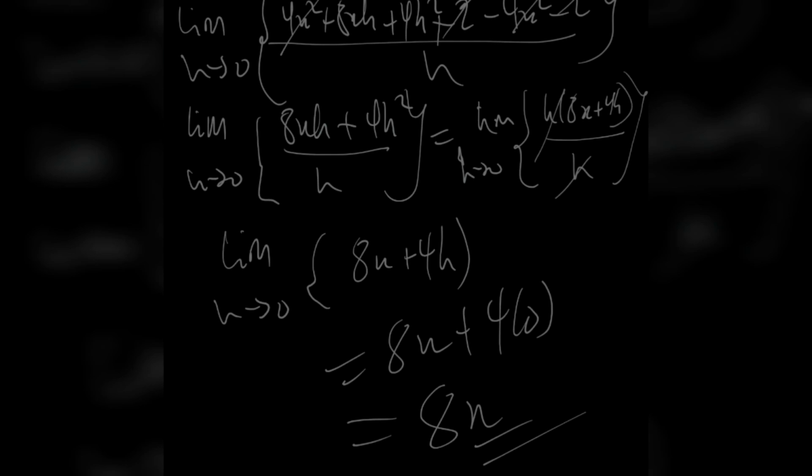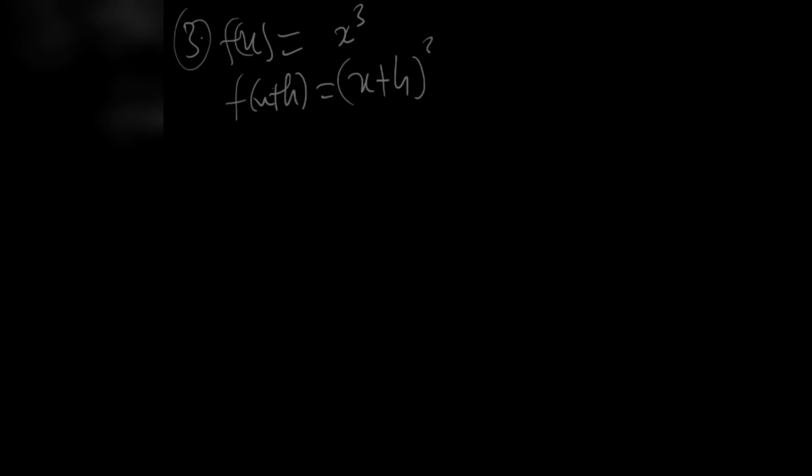Let's try two more examples. Okay, so let's say for our third example we have f of x equals x cubed. Finding f of x plus h will be x plus h all cubed.